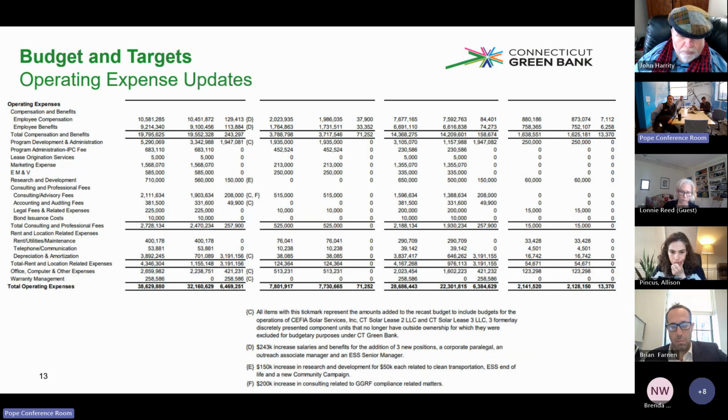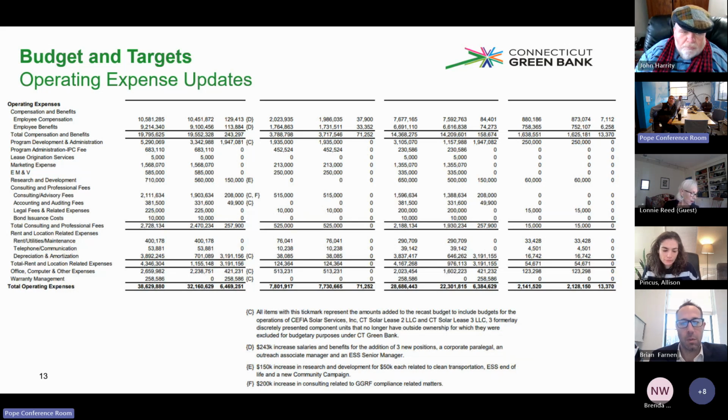The next item to highlight is $150,000 in new spending in research and development. We have 3 pots that this money is going to be split into equally. The first is related to clean transportation. We just received bids for our first RFP for clean transportation investments. This is one of the new markets we're hoping to unlock with the Greenhouse Gas Reduction Fund monies.